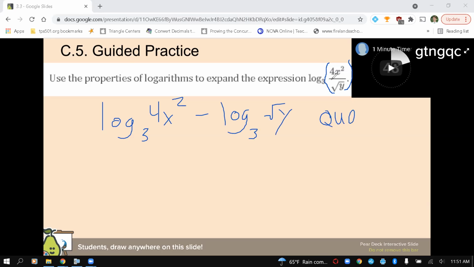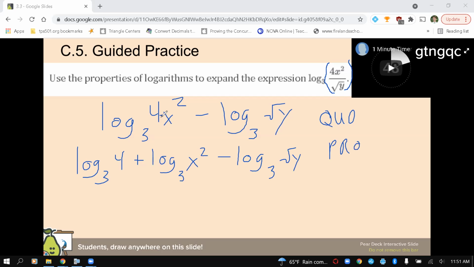Now before you do the power rule, this is 4 times x squared. It's important that you do the product rule first, because the squared is only with the x, not with the 4. So split these with the product rule to get this plus log of x squared minus log square root of y.